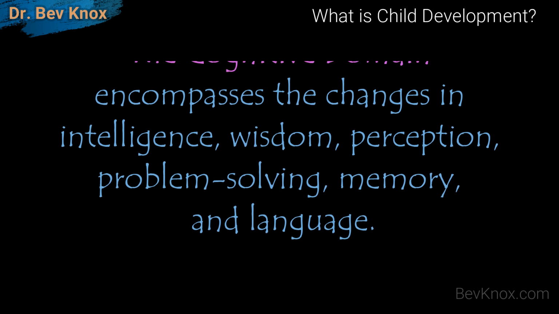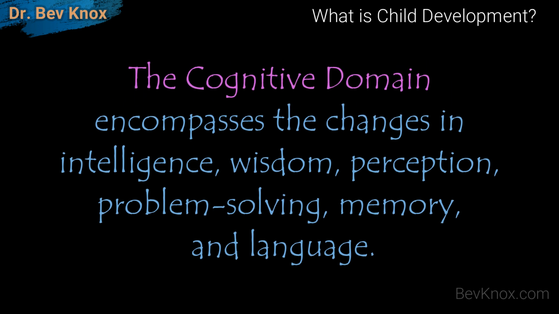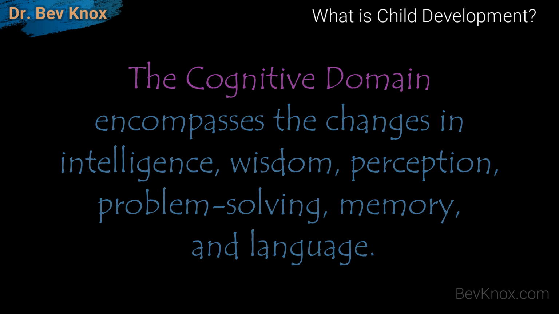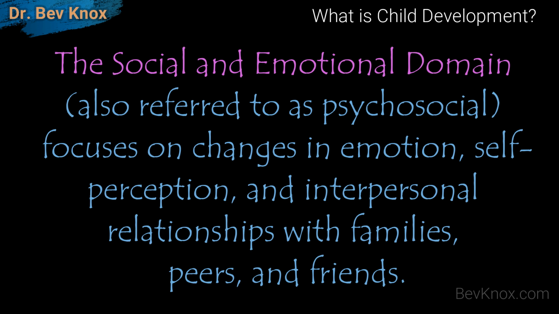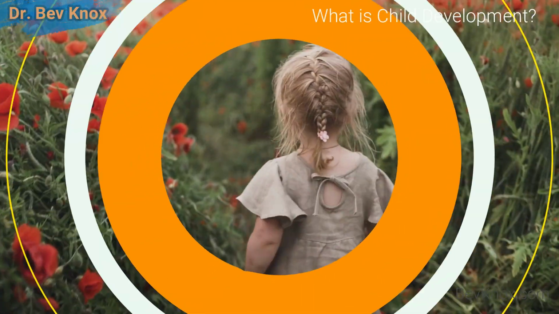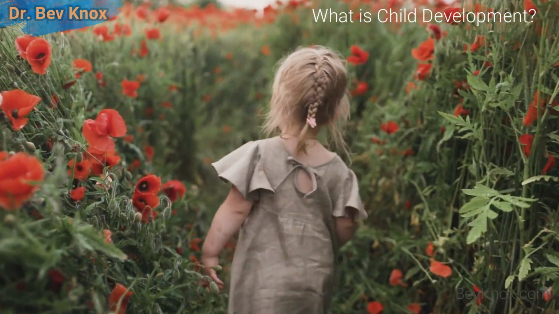The cognitive domain encompasses the changes in intelligence, wisdom, perception, problem solving, memory, and language. The social and emotional domain, also referred to as psychosocial, focuses on changes in emotion, self-perception, and interpersonal relationships with families, peers, and friends.